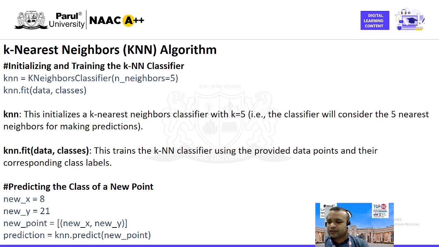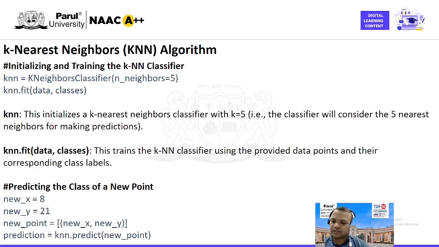Next is predicting the class of a new point. So you want to predict for the new point. Here new x is equal to x, and new y is equal to 21. The new point will be new underscore x comma new underscore y. So we want to predict.